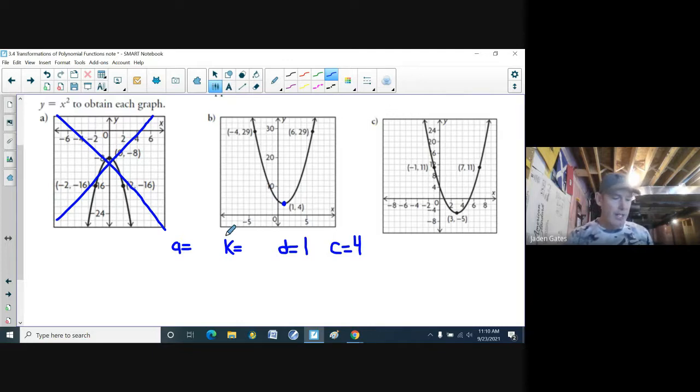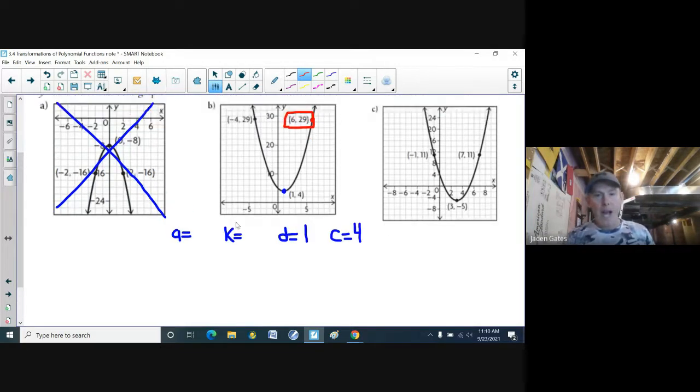Now we've got to find our a and our k. The first thing is we've got 2 points here. You've got your pick of which points. I'm going to use the one with the positive values, (6, 29).